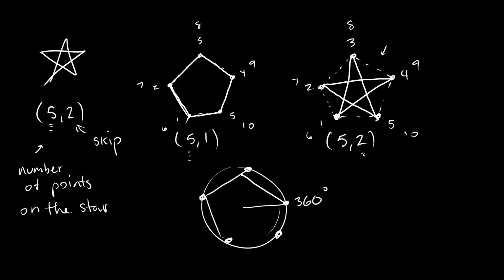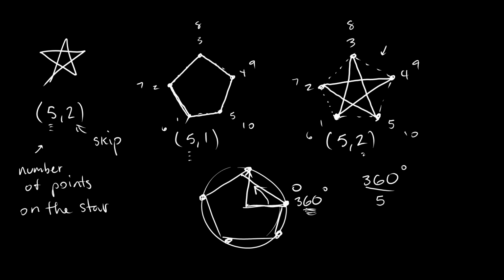So if we create our pentagon, 360 degrees, somewhere in the formula we should have 360 degrees. And if we wanted to go from 0 up to here, that's only a fifth of the way around the circle. So we would skip by 360 divided by 5 degrees, so we would turn the turtle by 360 divided by 5 degrees.